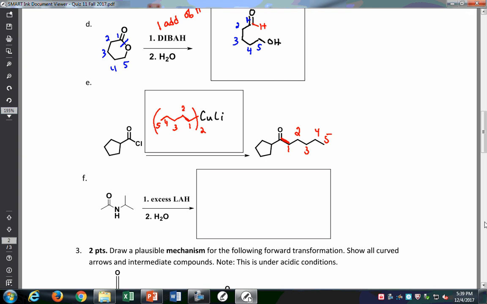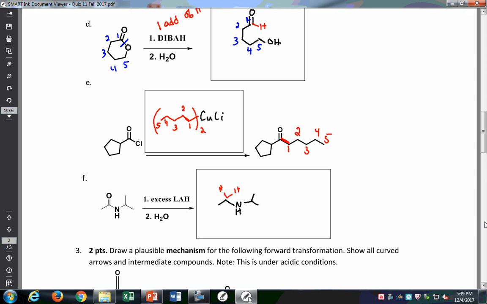Okay, here, because the oxygen is going to be a better leaving group than nitrogen, we're going to reduce to the amine where we won't have the oxygen any longer in our structure. So we don't have any change in the amount of carbons. All we do is have a change in the hydrogens.